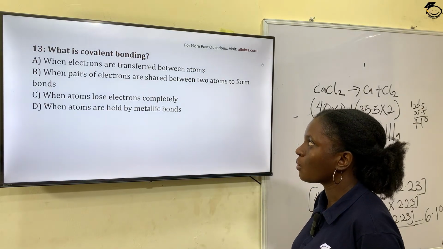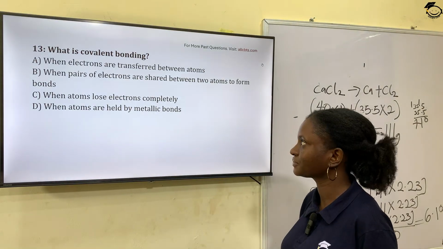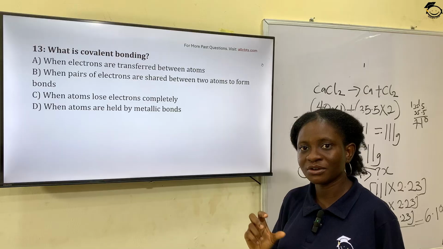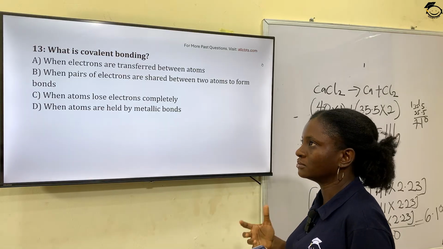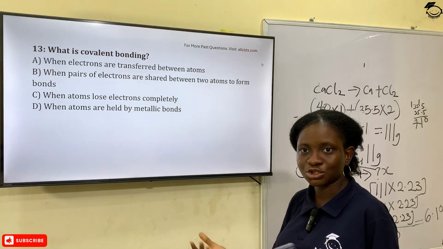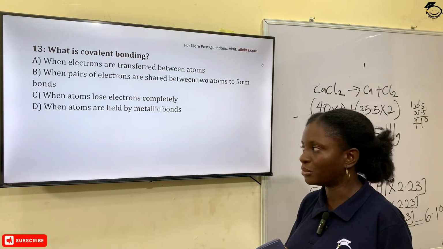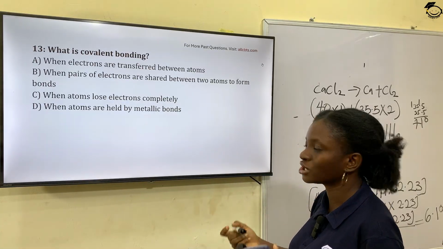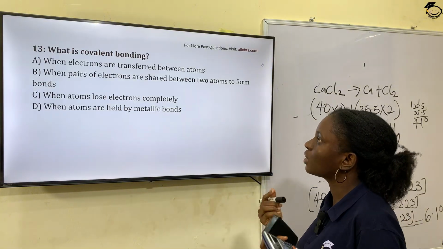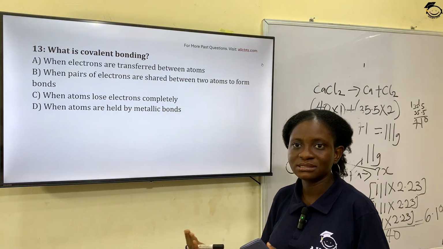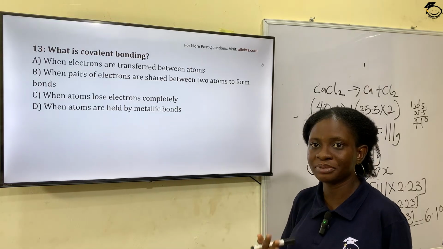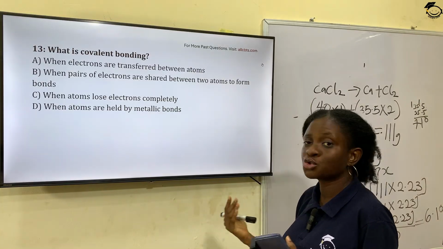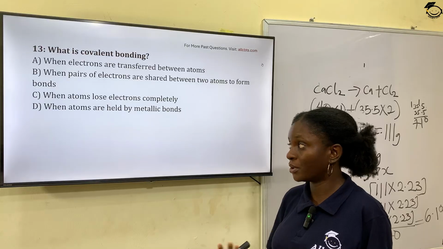Question 13. What is a covalent bond? During the course of answering the question, we made mention of valency. That means trying to transfer electrons, either to lose or gain, to form a bond. Let's break it down: co and valent. Option A, when electrons are transferred between atoms. Option B, when pairs of electrons are shared between two atoms to form bonds.